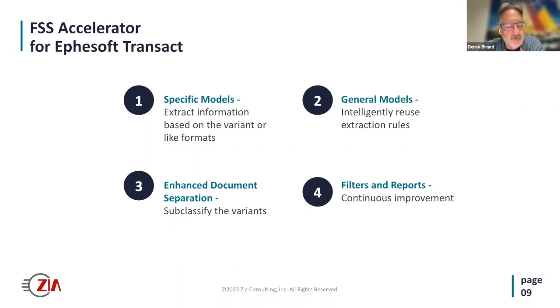And we have tools within Accelerator and our FSS reports to provide continuous improvement. So we use the filters, as you'll see in the demonstration, to show documents that you might want to look at and modify the configuration of the model. And we have reports that are specifically designed to find, in the context of invoices, the suppliers' documents that are having the most operator intervention, or if we've got an existing template, the templates that are requiring the highest intervention.